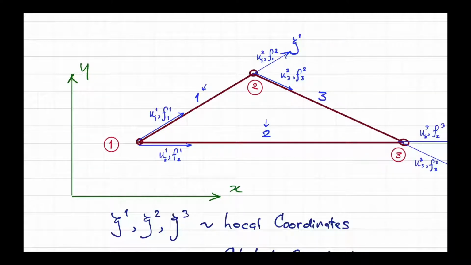Let me show you here that if we decide to transform the equilibrium we had in local coordinate into global one, then at each node you are going to have the new sets of forces and displacements as you are going to see over here.